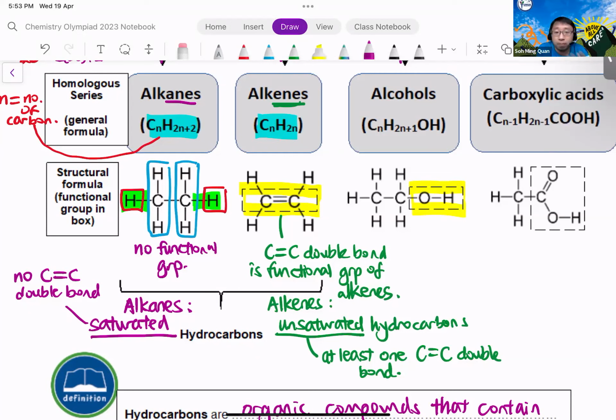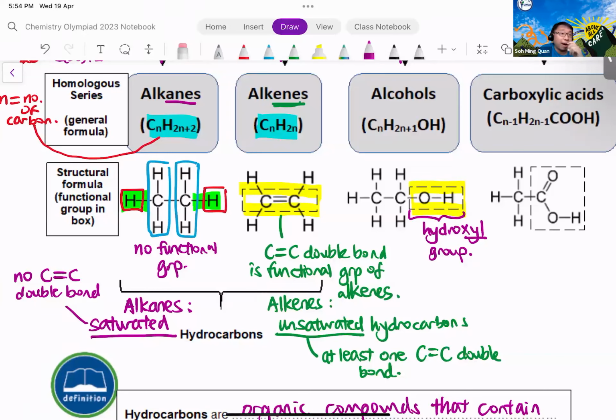But this is not ionic bonding, it's covalent bonding. So in organic chemistry, the OH group is called the hydroxyl group. Whereas if it's the OH minus ion, it's called hydroxide.